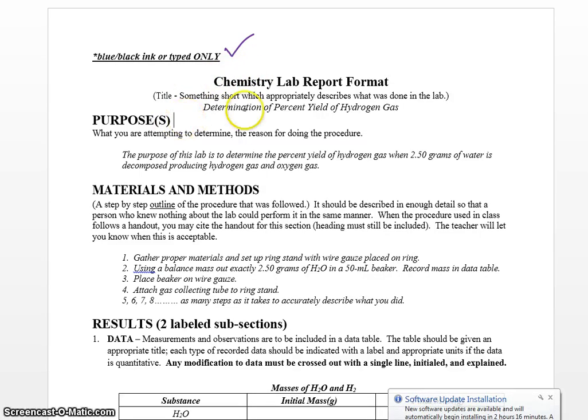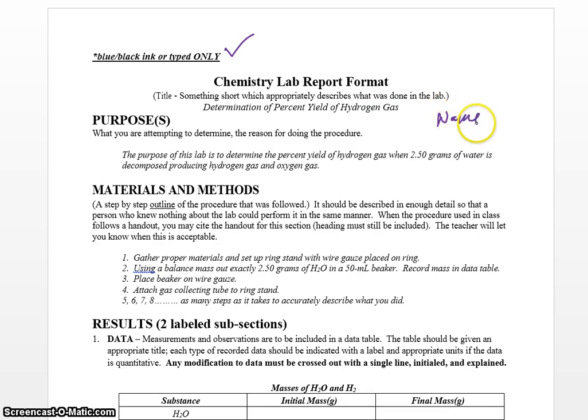Now, after the title, which is going to be at the very top of your report, probably even above your name, then the first section of the report is the purpose section. The purpose section is designed to tell the reader, your teacher, exactly what you're attempting to determine, the reason for doing the experiment. In general, this purpose should include three things.